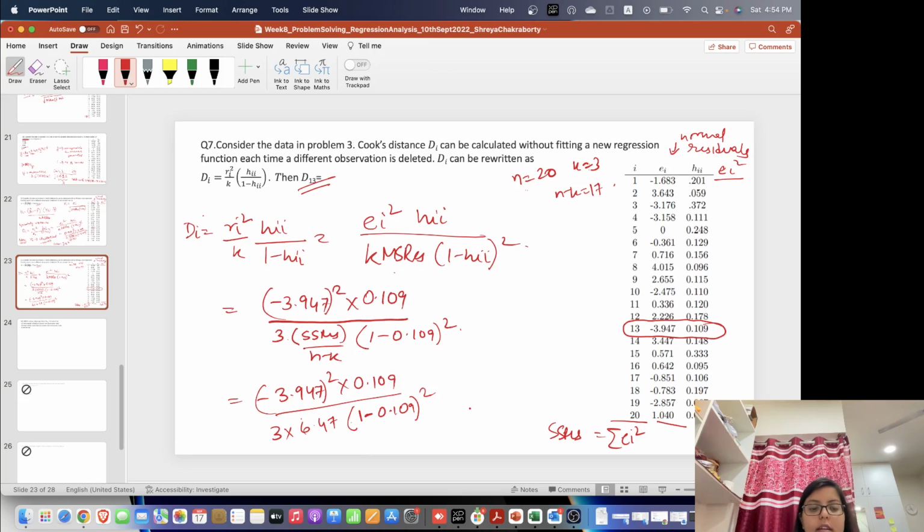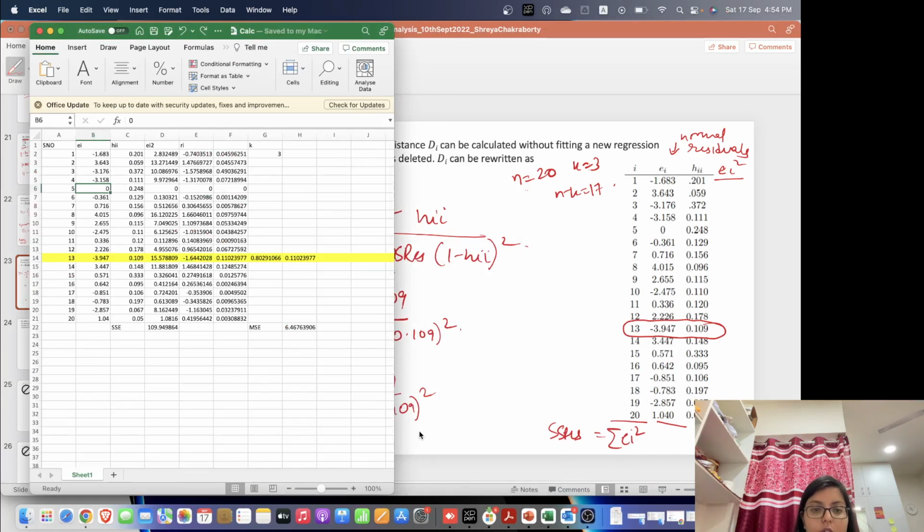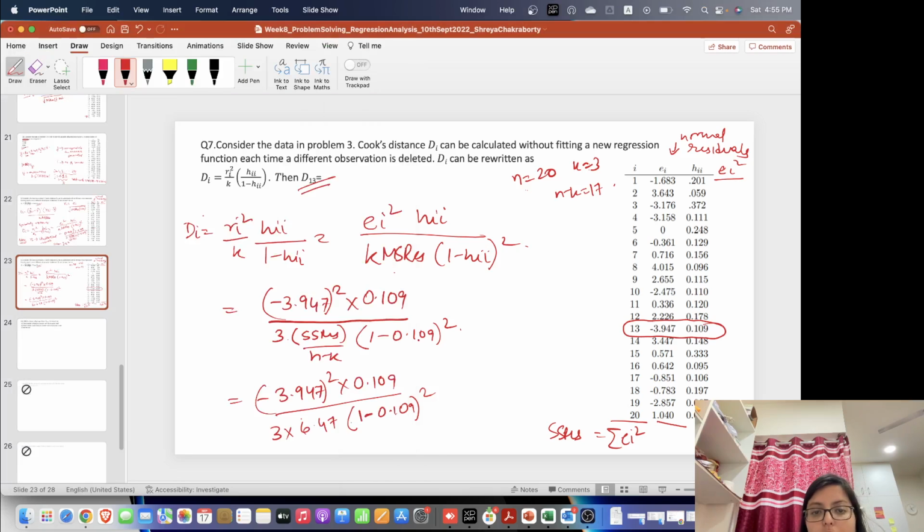Okay, and if we calculate the value, we'll get something like 0.11. Okay, please check this one for some calculation error, but this is how the technique should be performed.